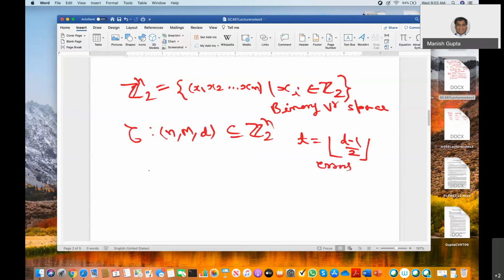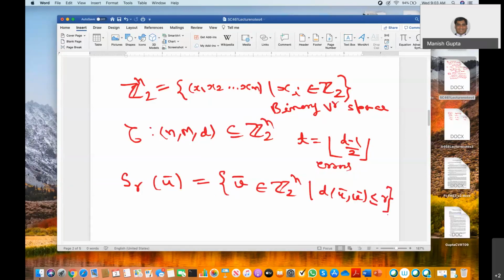Now, I can draw a sphere of radius r around a vector u, where u is a vector in C. I define it as all those vectors v in Z2 raised to the power n such that the distance between u and v does not exceed r. This is the definition of a sphere.